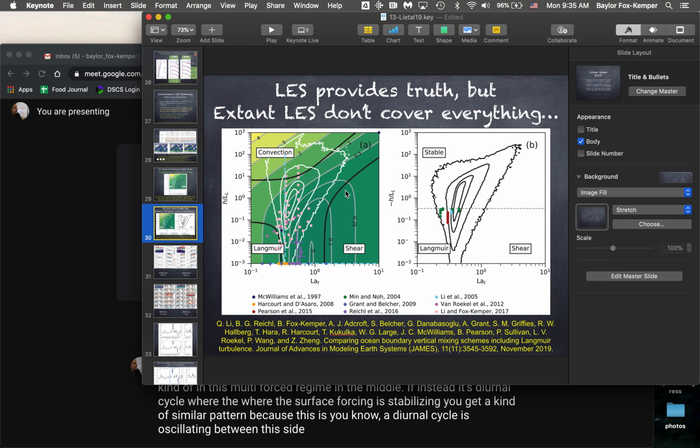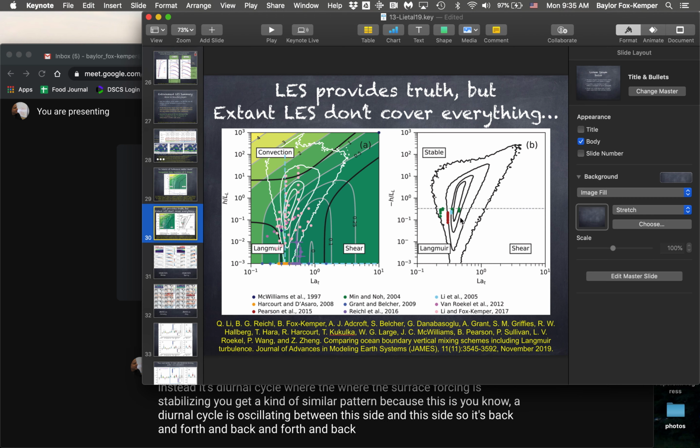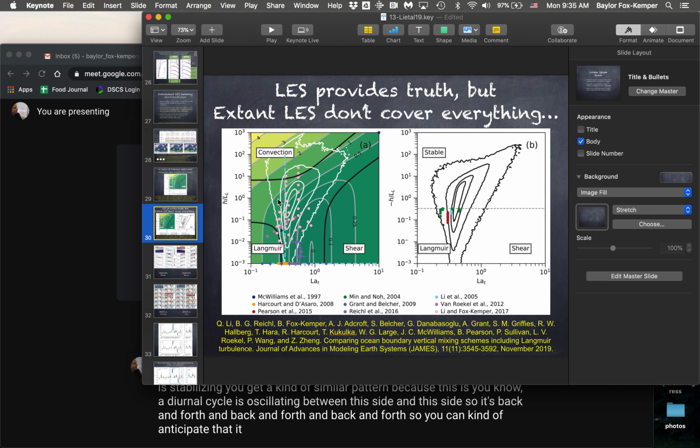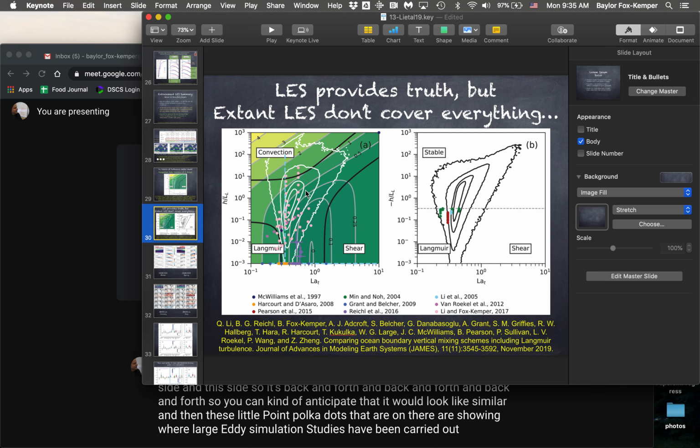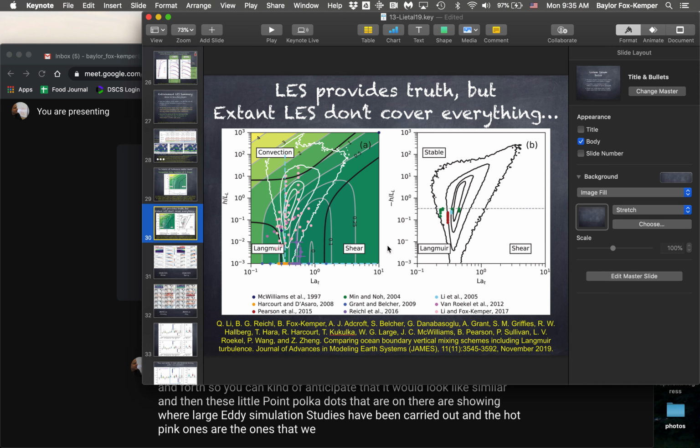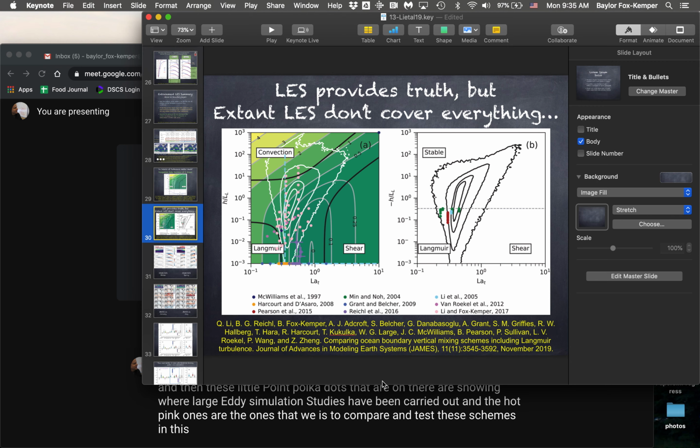So it's back and forth and back and forth, so you could anticipate that it would look similar. And then these little polka dots are showing where large eddy simulation studies have been carried out. And the hot pink ones are the ones that we used to compare and test these schemes in this comparison paper.